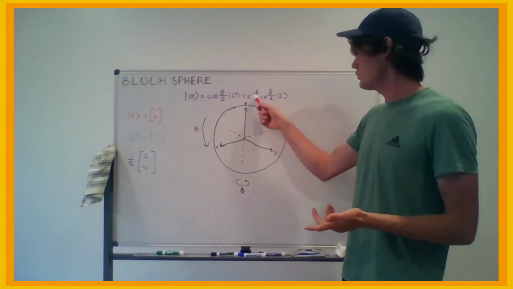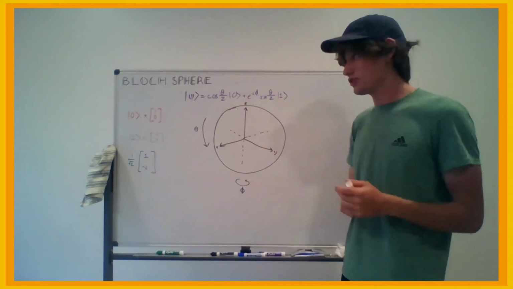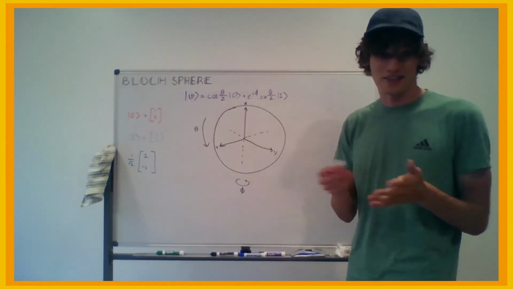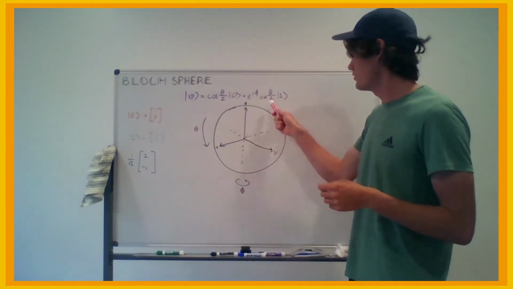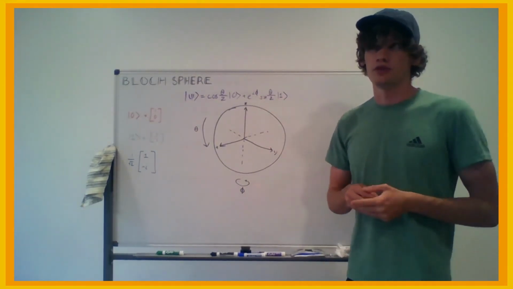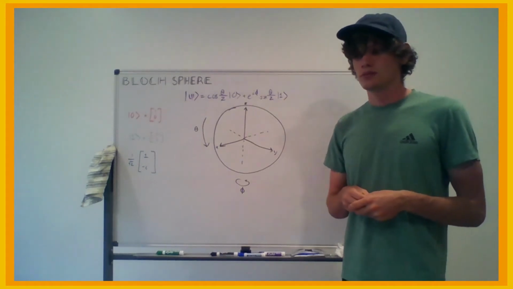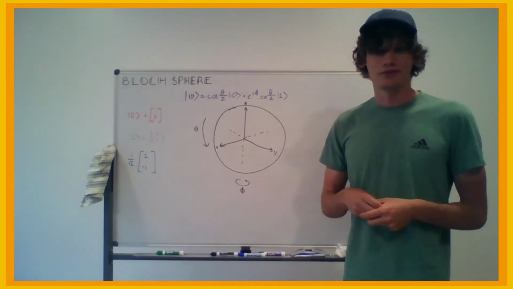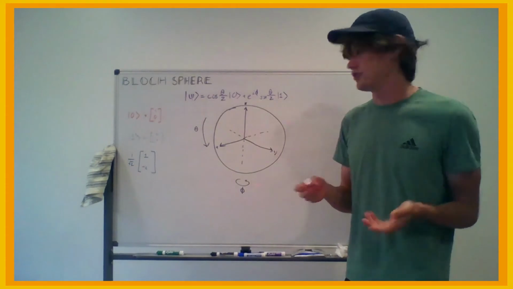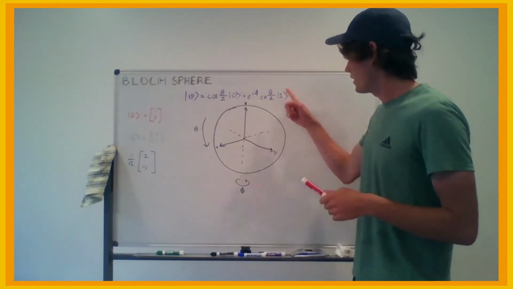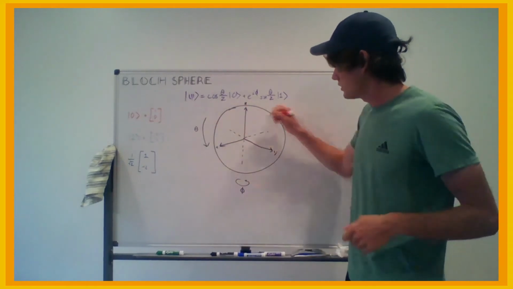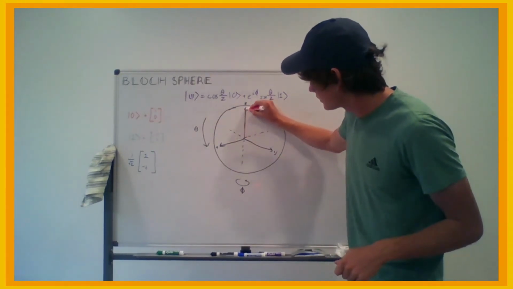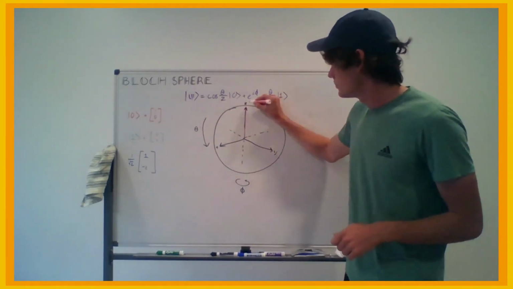We know that phi doesn't matter what it is, and that should clue us in as to what axis we'll be on. But what value of theta makes sine of theta over 2 equal 0? I hope you would know from trigonometry that that value is just 0. So theta is equal to 0, phi is whatever. That means that our state for 0 is right here.